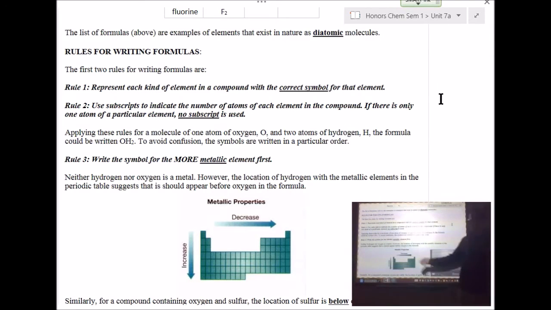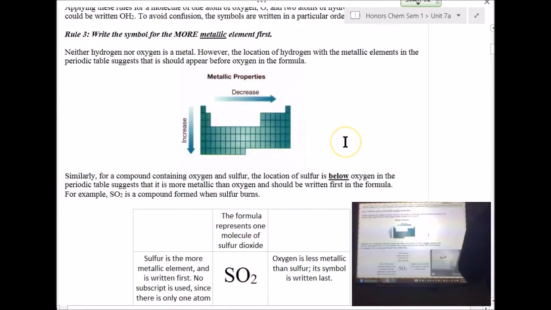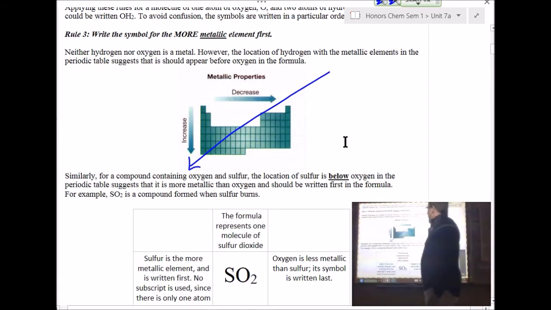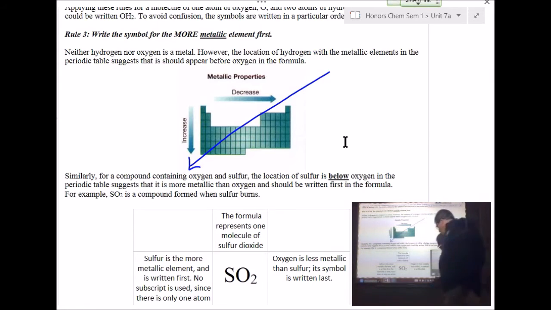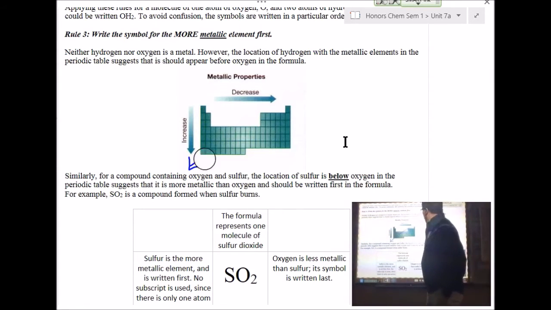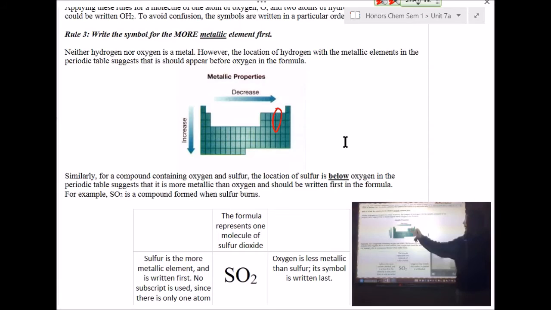Number 3, which you don't have to worry about in here, write the more metallic element first, and you might be saying to yourself, well, there are no metals, and you're right. There are no metals in what we're doing today. But the trend is, as we go in that direction, the elements become more metallic in property. Now, we'll talk about this first one here, SO2, and they actually appear right there on the periodic table with oxygen there and then sulfur right below it.